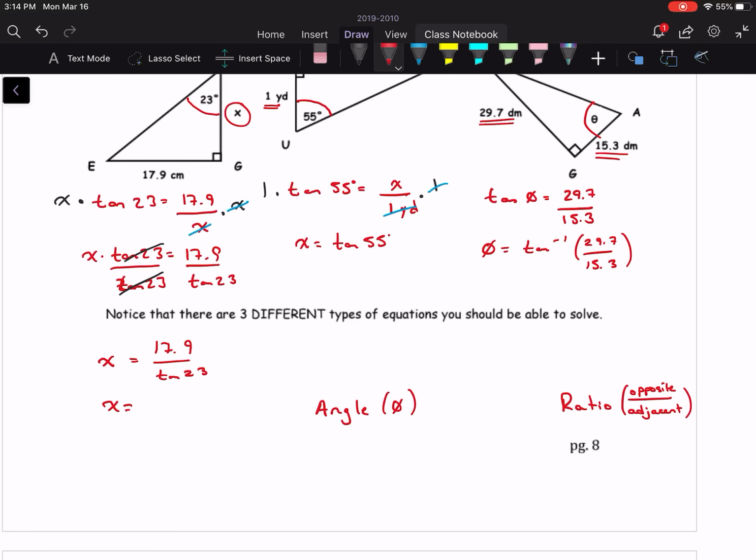To get from this angle to this ratio, I am simply going to do tan of theta. To get from the ratio back to the angle, this is where I'm going to use the inverse tan function, because I'm doing inverse tan of the opposite side length divided by the adjacent side length.